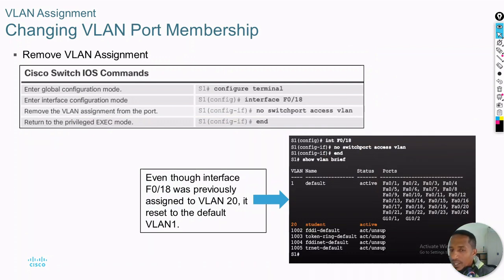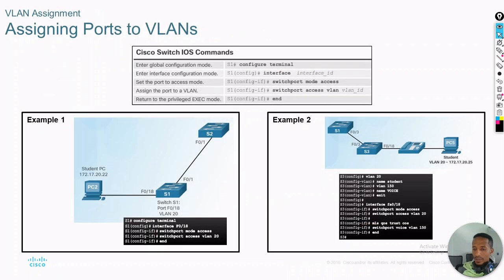Sometimes you might change the VLAN. For example, here you are saying no, which means the switch port F18 is not going to access that specific VLAN. I think previously we assigned it to VLAN 20.